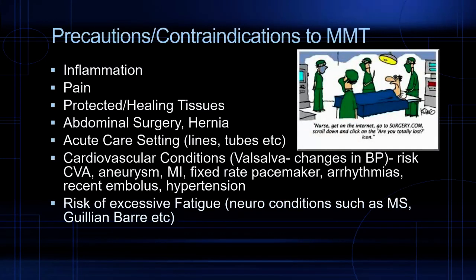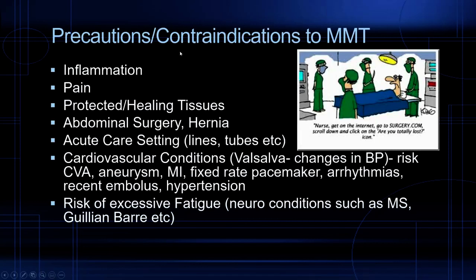Some considerations to think about for manual muscle testing: it's precautionary when the muscle is inflamed, okay? It's also precautionary if the patient is in a lot of pain, or if the tissue needs to be protected or healed further.